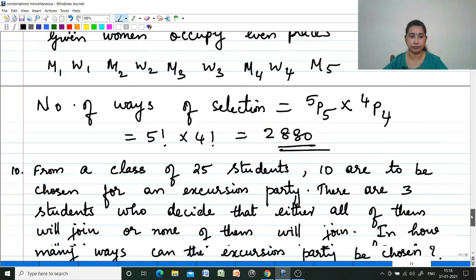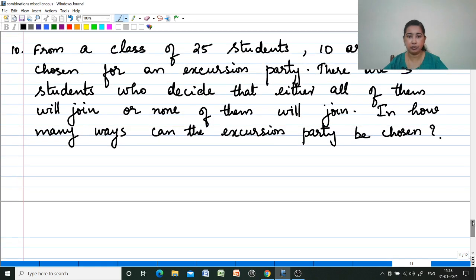Then next one, from a class of 25 students, 10 are to be chosen for an excursion party. There are total 25 students. Out of that, we have to select 10 for an excursion party. There are 3 students who decide that either all of them will join or none of them will join. In how many ways can the excursion party be chosen?